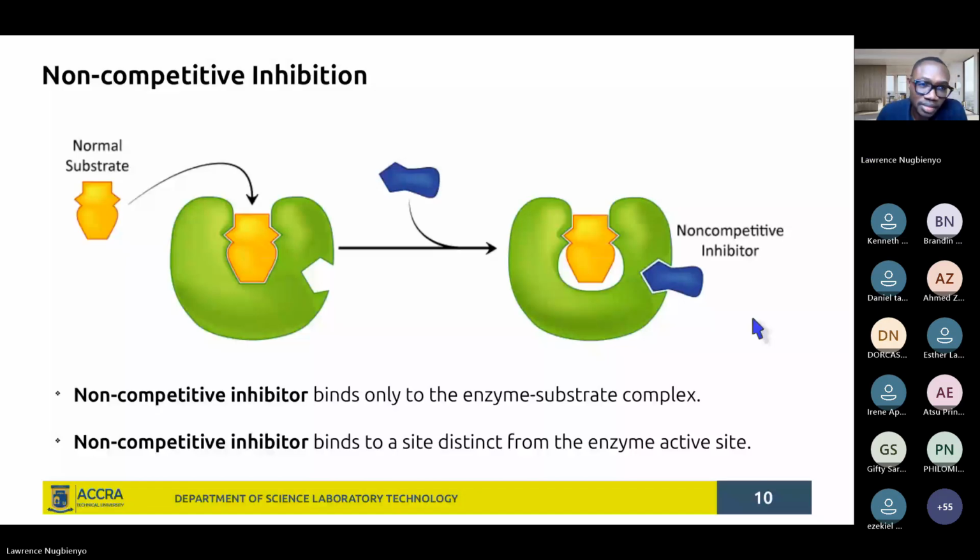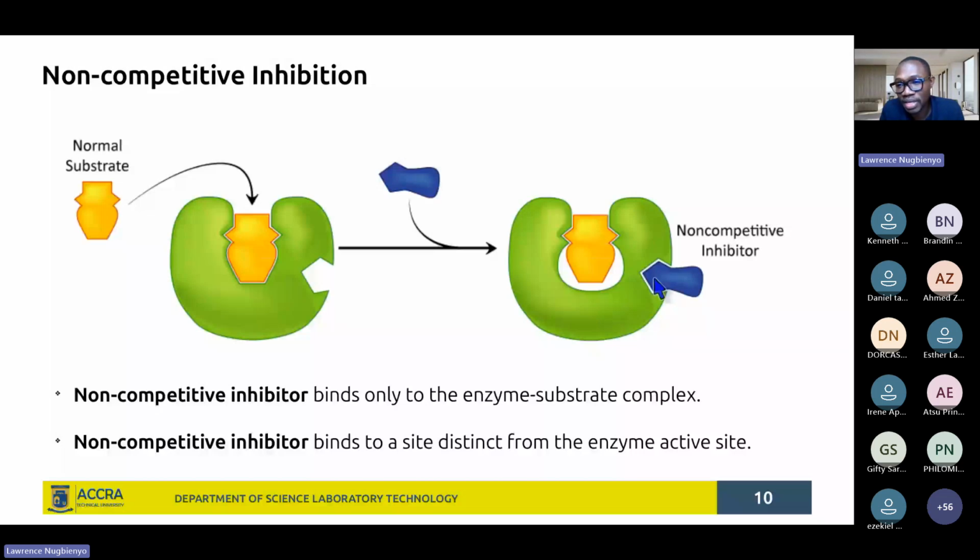Then we have the non-competitive inhibition. So here we see clearly that apart from the active center where the substrate is binding, the enzyme also has another site, usually referred to as an allosteric site, to which you have a non-competitive inhibitor binding, not the active center.